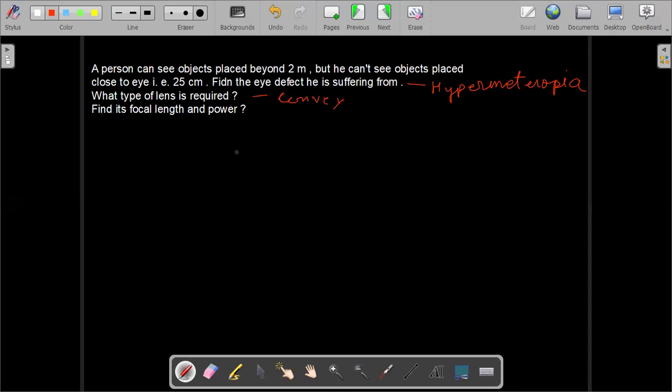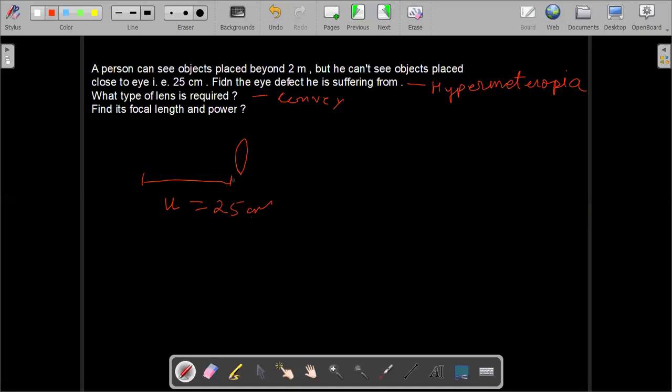Now see, the lens that we use should make him able to see the objects placed at 25 centimeter. So for this lens, the object distance u should be 25 centimeter.